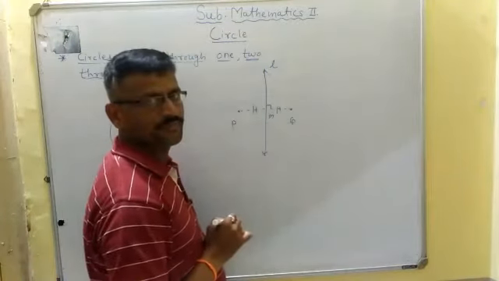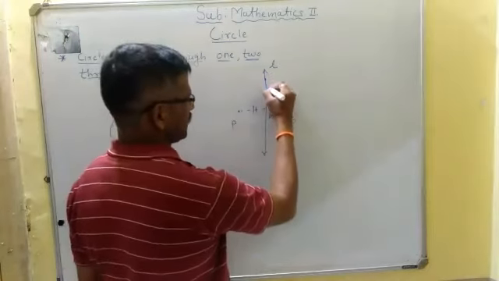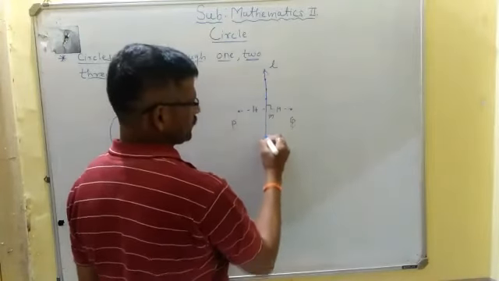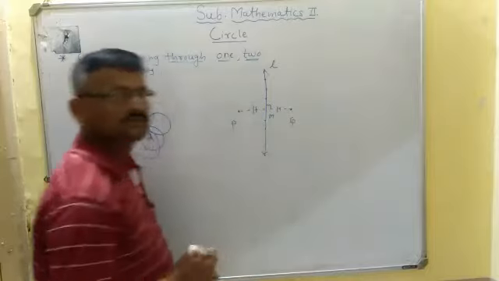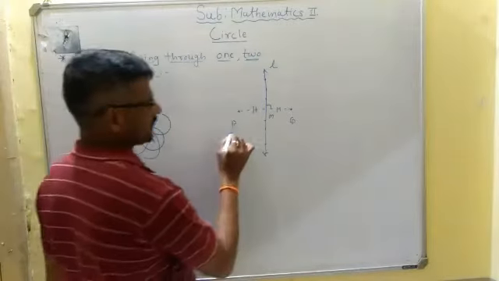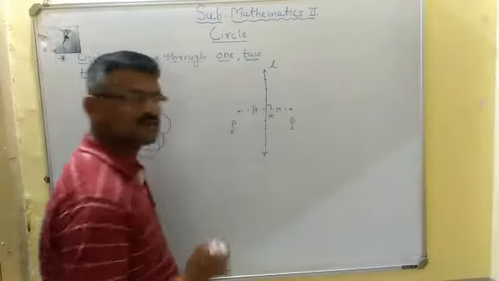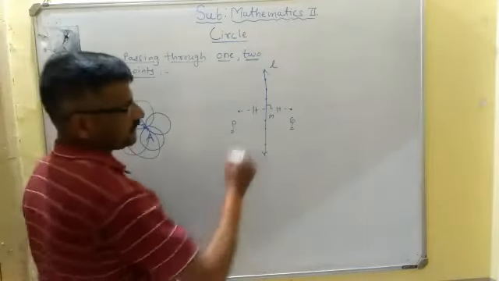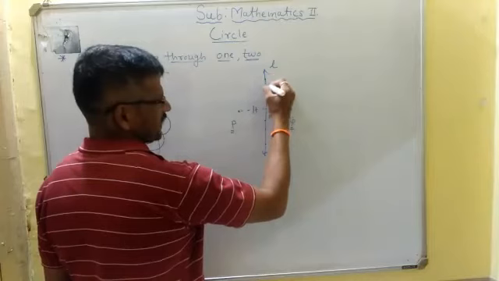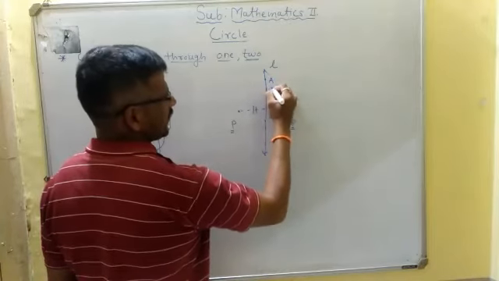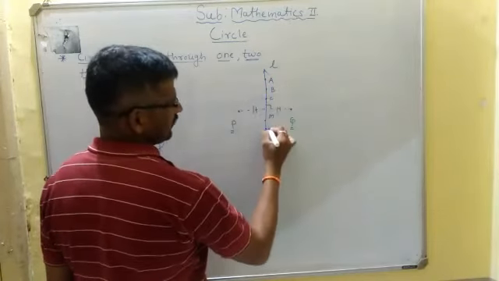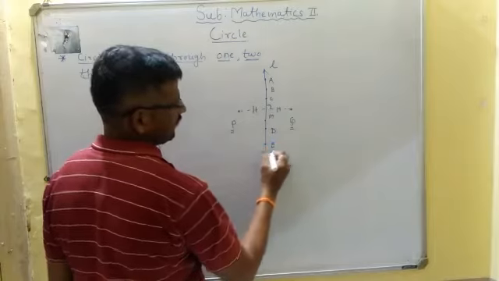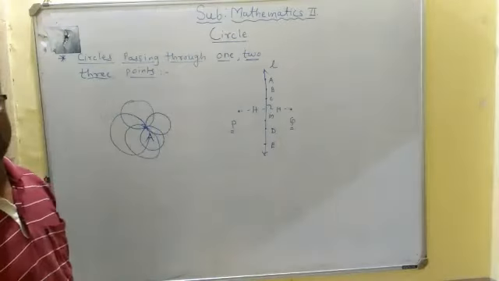segment PQ. That means every point on that line is equidistant from the endpoints of that segment PQ, that means the endpoints P and Q. We take a compass and take the centers as A, B, C, D, E and try to construct the circles.